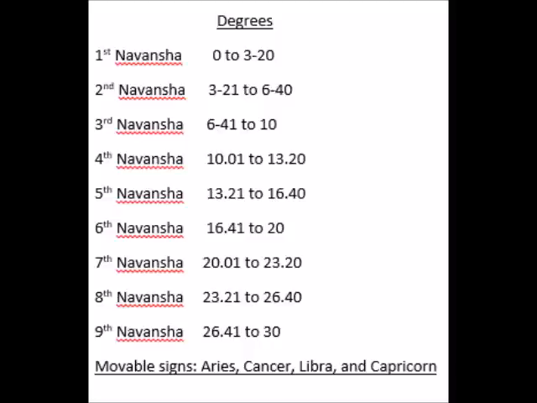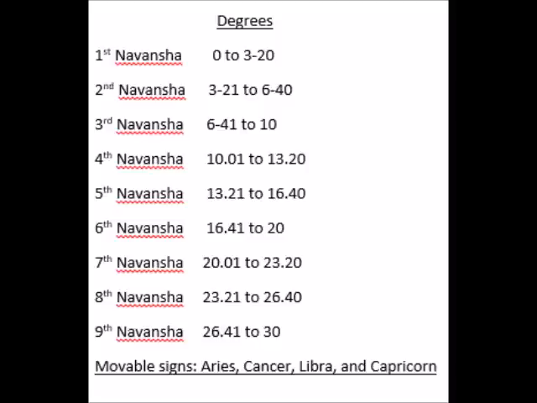We'll calculate the fourth Navansha from Libra, which is Libra 1, Scorpio 2, Sagittarius 3, and Capricorn 4. So we'll take Ketu, which is placed in the ascendant in the zodiac sign of Aquarius, and put it in the sign of Capricorn in the Navansha. I hope I made myself clear here.